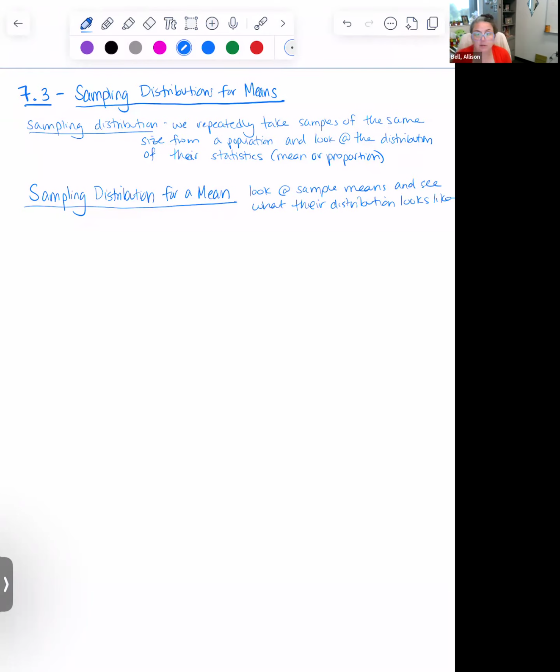And what we find is that for a sampling distribution for means, when we're given information from the population, the actual sampling distribution looks the same every time.